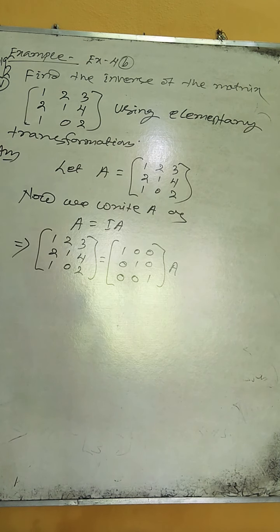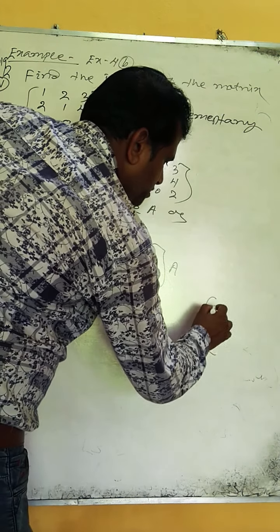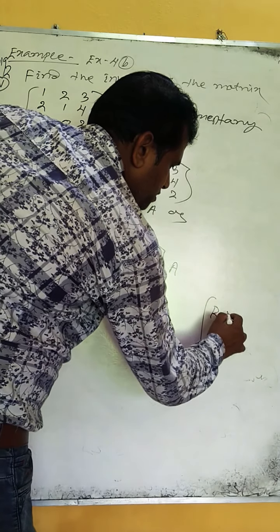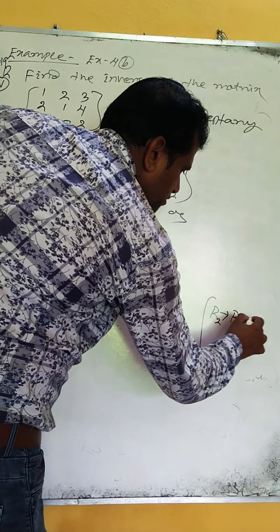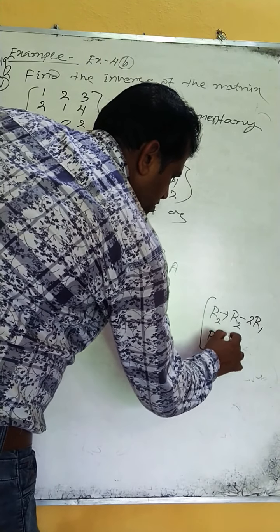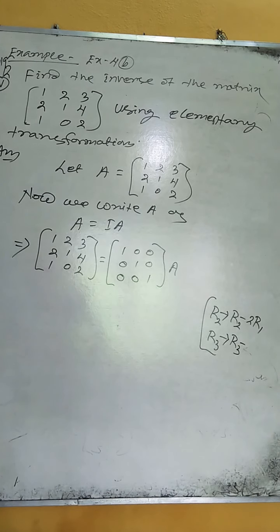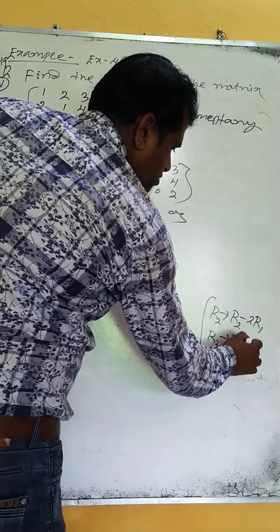Okay, now we transform the second row element: R2 becomes R2 minus 2R1, and R3 becomes R3 minus R1.